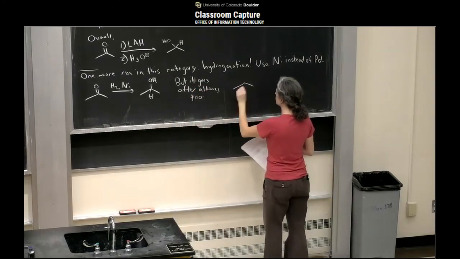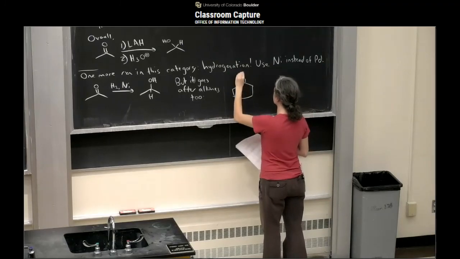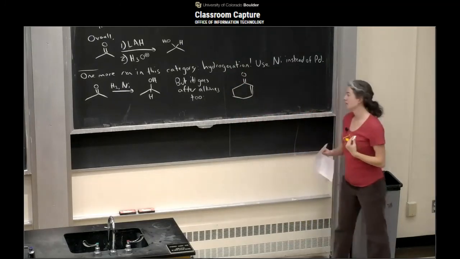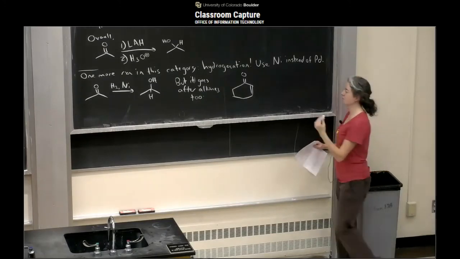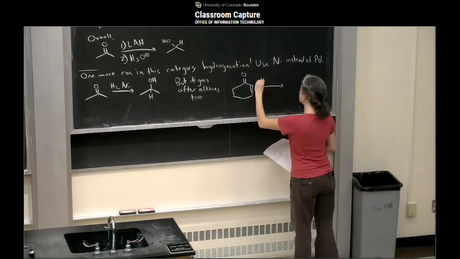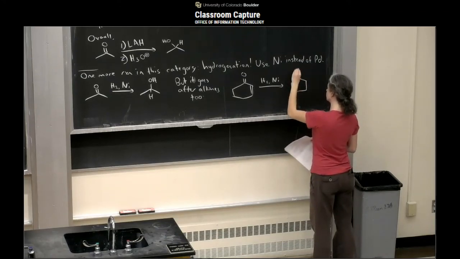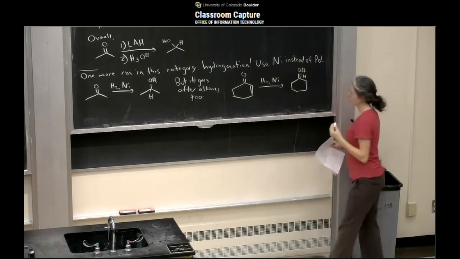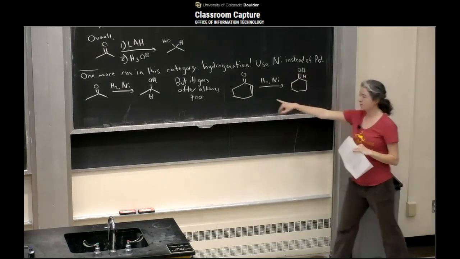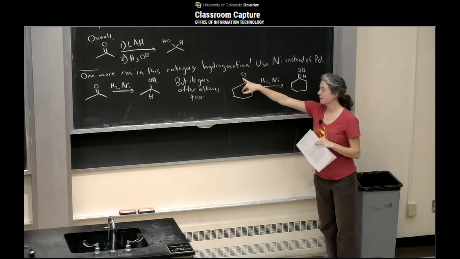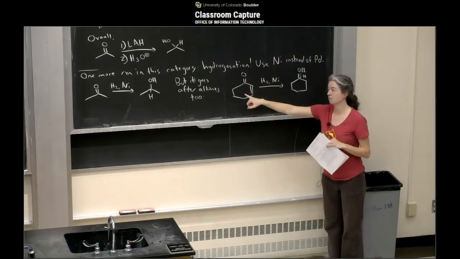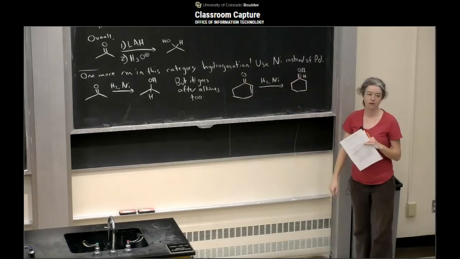So if you're trying to just go for the carbonyl in your molecule, but you've got an alkene there too, too bad, hydrogenation is going to mess up both of them. So if we wanted to reduce this carbonyl without touching the alkene, that's where we'd fall back onto sodium borohydride or lithium aluminum hydride.